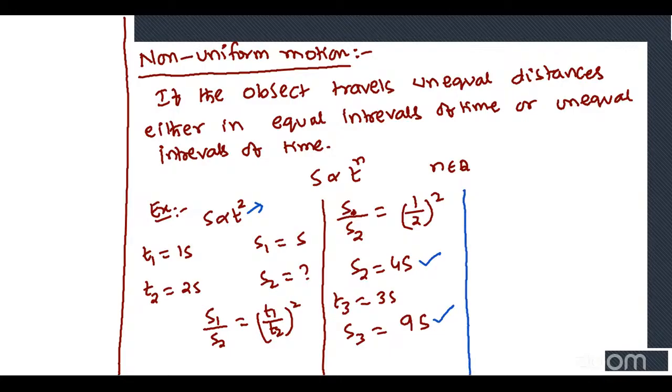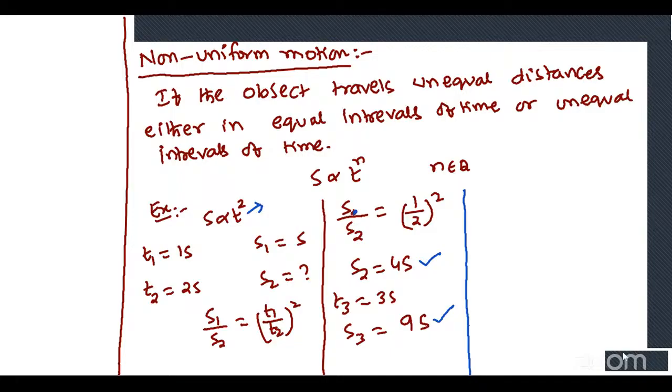If they gave t cube or t power half, then it will be different. As time increases, distance increases according to the equation.